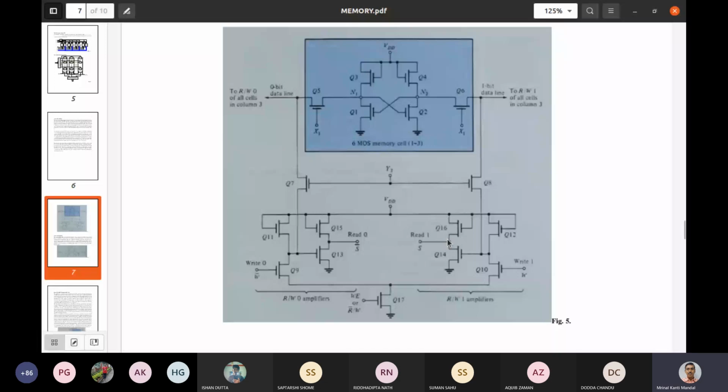Sorry, a high voltage, right? So that means current will flow through this direction and also another current will flow through this direction. So that means this node voltage will be 0.